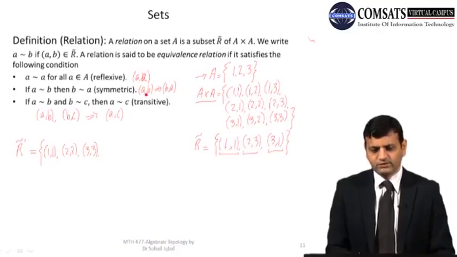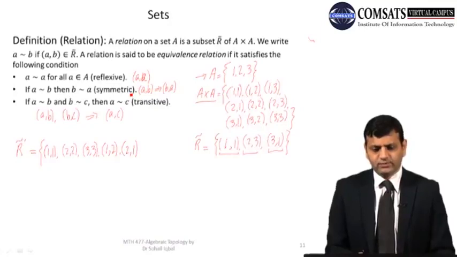And the second condition imposes that if (a, b) belongs to the relation, then (b, a) must also belong to the relation. Of course (1,1) belongs to R tilde prime, and it's symmetric, so (1,1) is also in this set, and similarly for (2,2) and (3,3). But if I add one more element, let's say (1,2), then (2,1) must also be in this set due to this symmetric property.